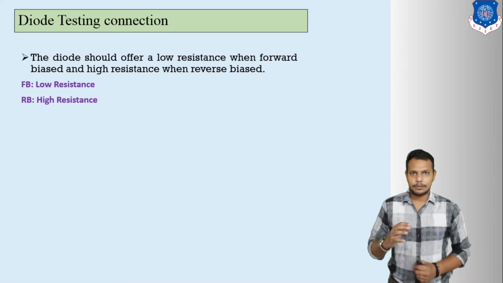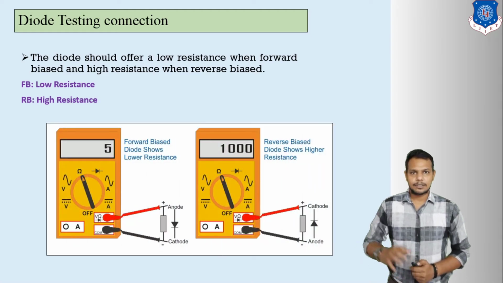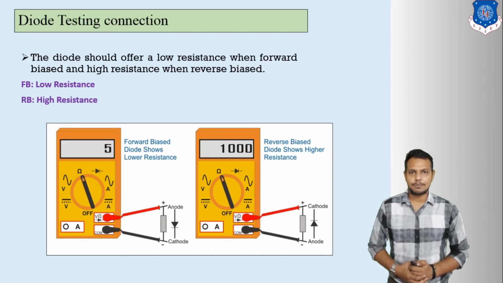So here we have to understand that if low resistance is indicated on the multimeter, it means the diode is in forward bias, and high resistance shows that it is in reverse bias. This is how we can measure whether a diode is in forward or reverse bias.